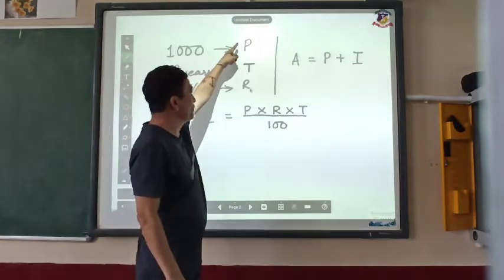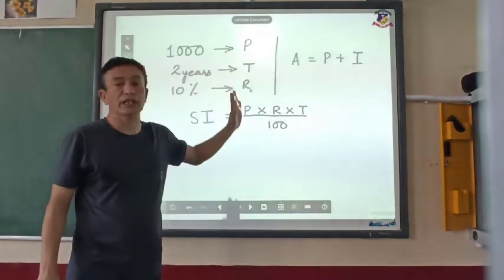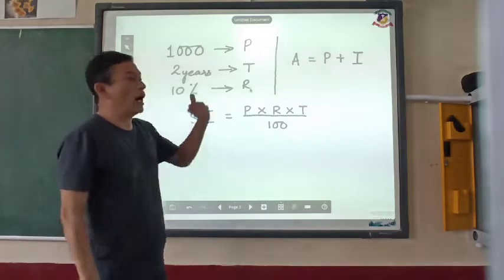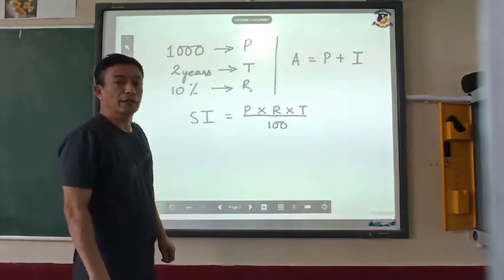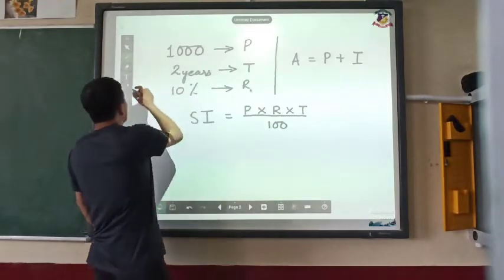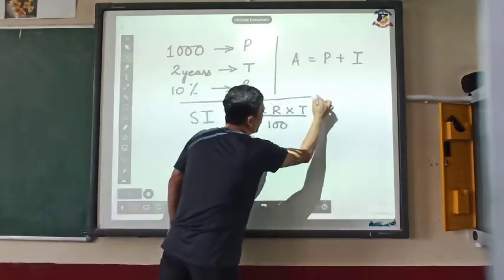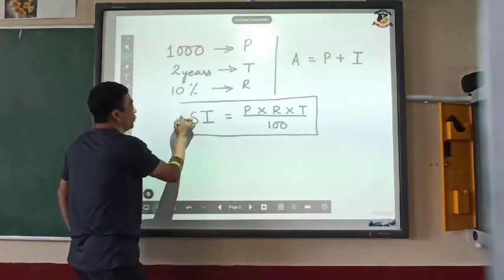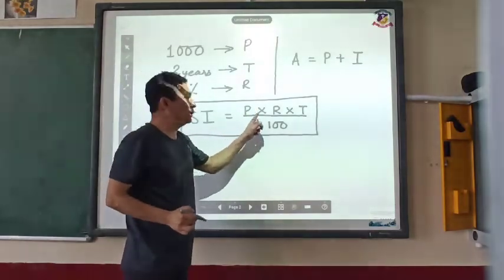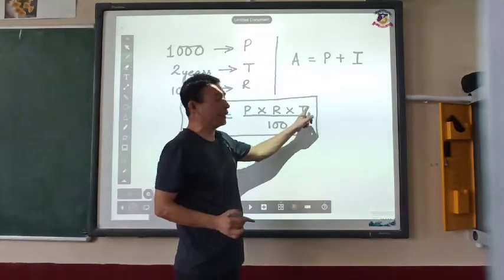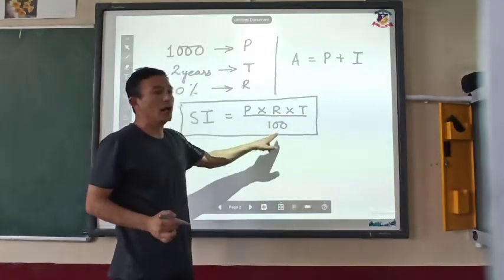Now we know the principal, we know the time, and we know the rate. So how much are you going to pay extra to the bank? We find that out through this formula, which says simple interest is equal to principal multiplied by rate multiplied by time divided by 100.